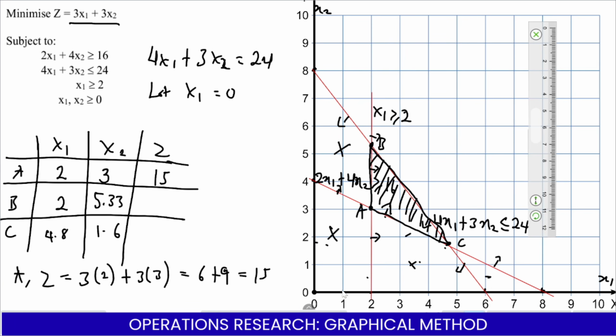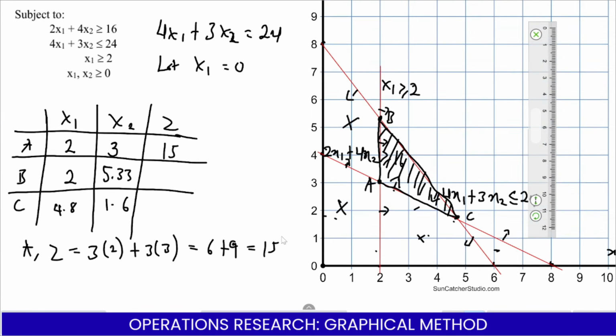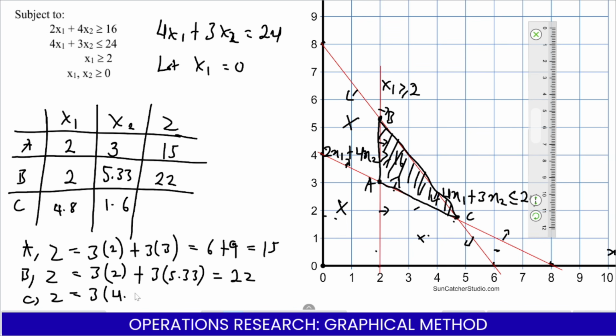And then we do the same for B. Our z value is 3 multiplying 2 plus 3 multiplying 5.33. So this should give you 22. And then we do the same for C. 3 multiplying 4.8 plus 3 multiplying 1.6. This will give you 19.2.